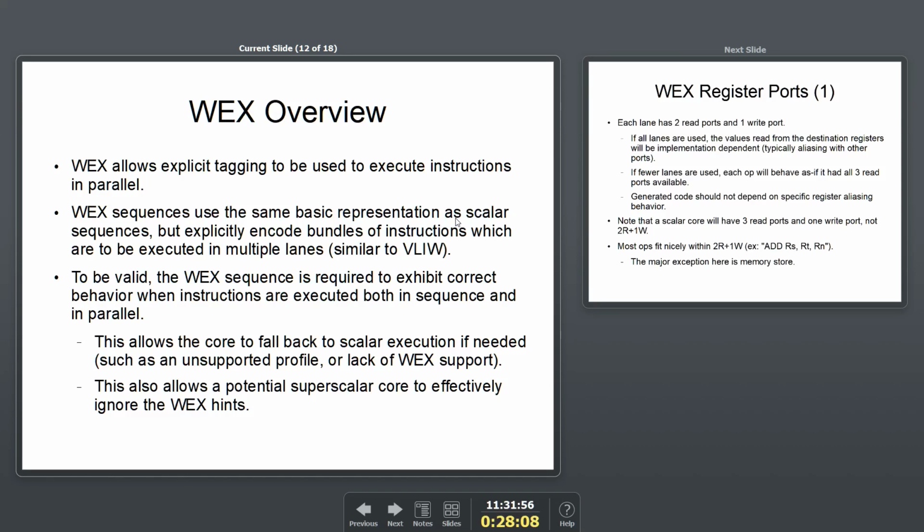In the case of WEX, it's given explicitly in the encoding.